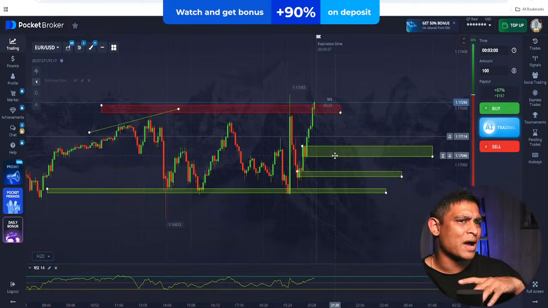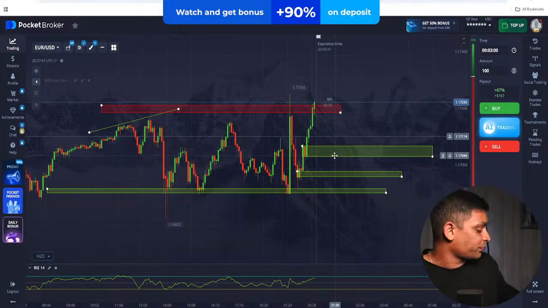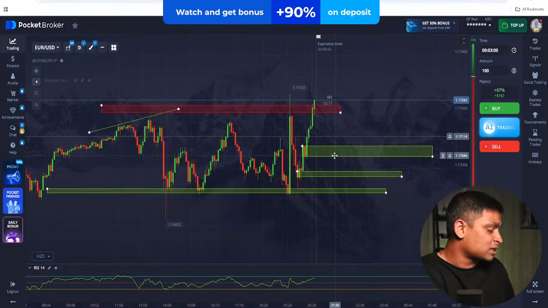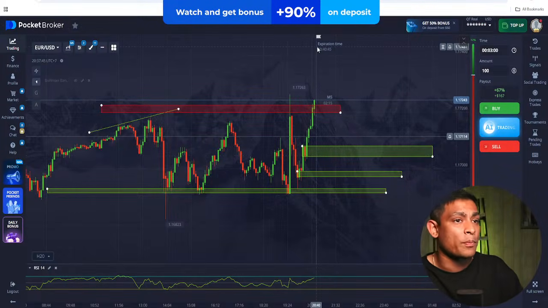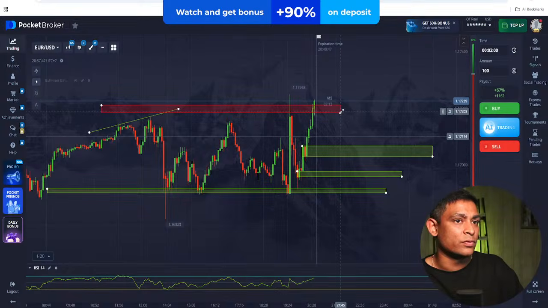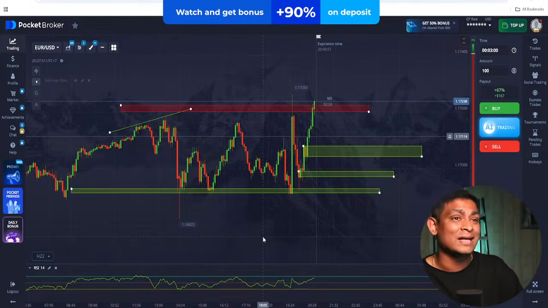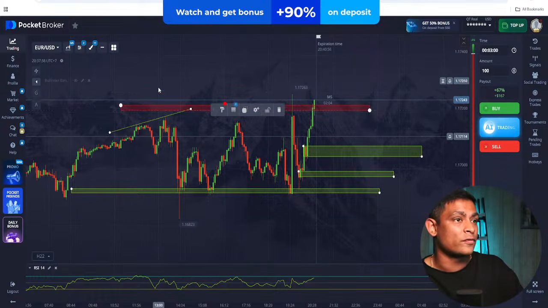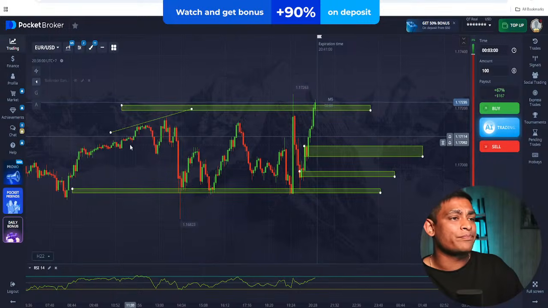So these are the buyer blocks, or in other words, we can refer to them as the support levels. And on top of the price, here exactly we have a seller block, or we can also call it the resistance zone. But the price has already broken this, so this becomes a buyer block.